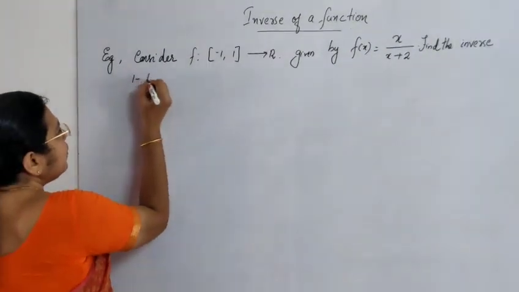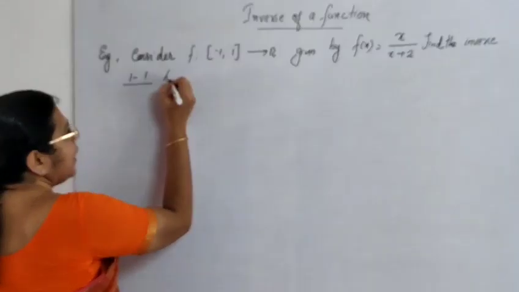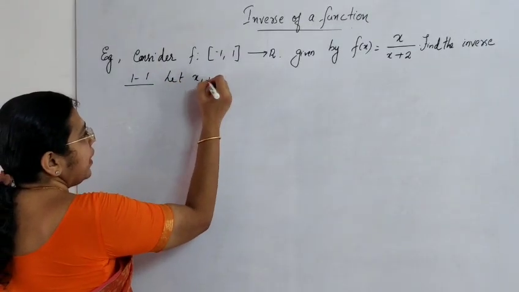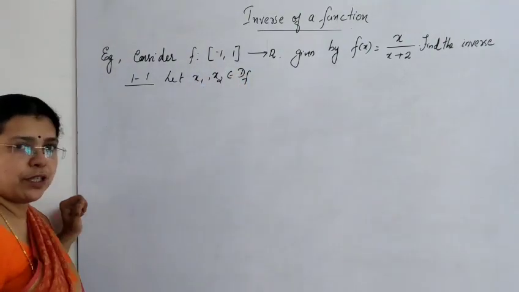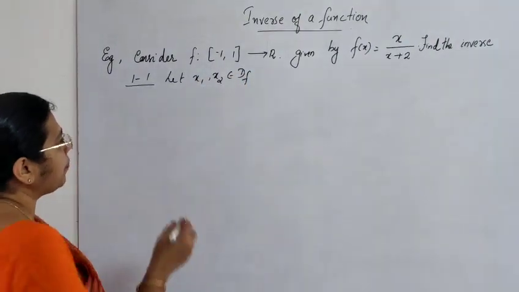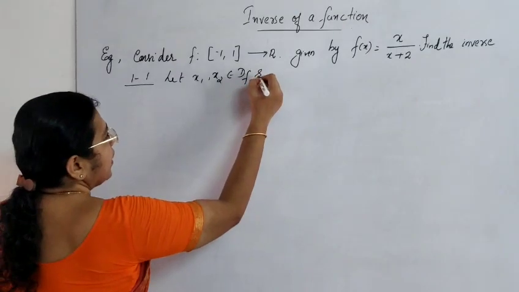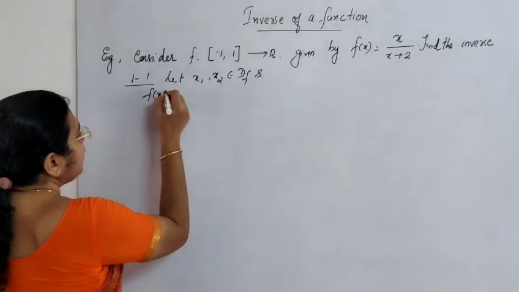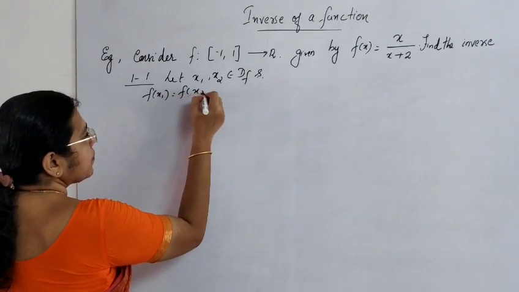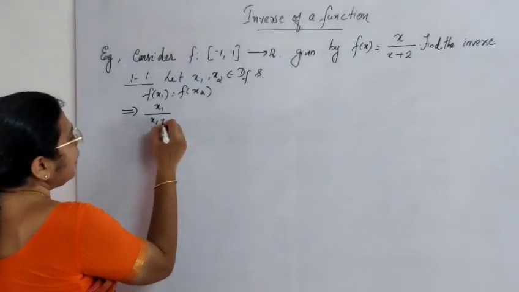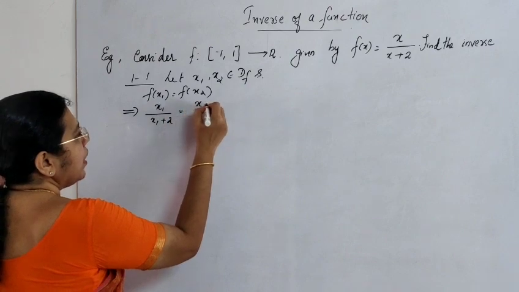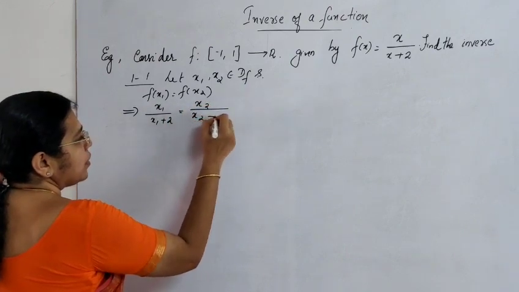To prove it is 1-1, what will I do? Let x1, x2 belong to the domain of the function. Which is the domain of the function here? The closed interval [-1, 1]. Then such that f(x1) = f(x2), which implies x1/(x1+2) = x2/(x2+2).